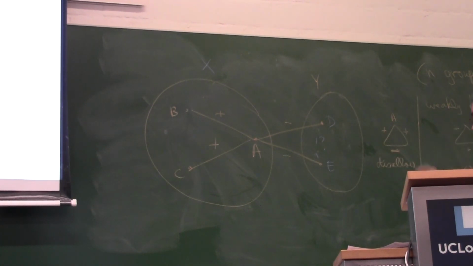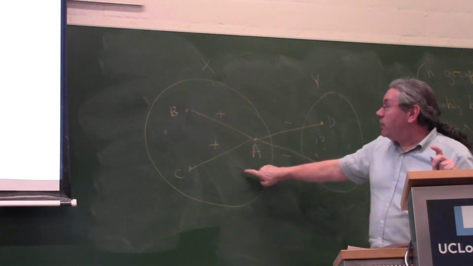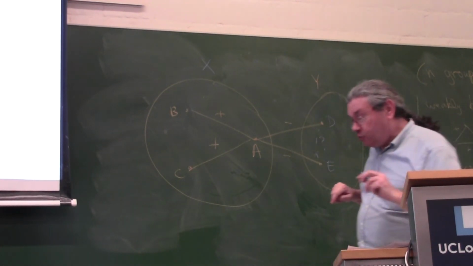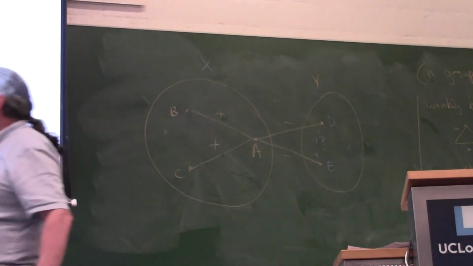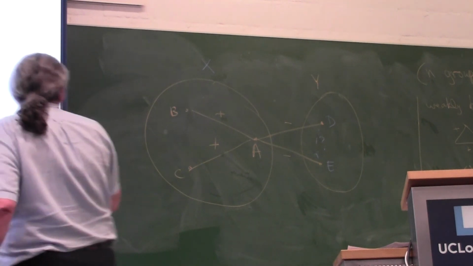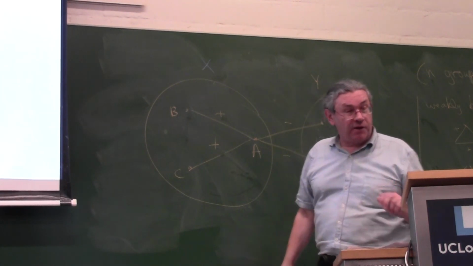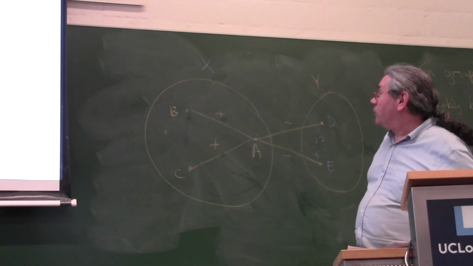But we will know that X nodes are enemies with everybody else. So let's just focus on X. All nodes in X are mutual friends, and all nodes in X are enemies with all other nodes. That's something that we can try to show. Okay? So let's try to show it.